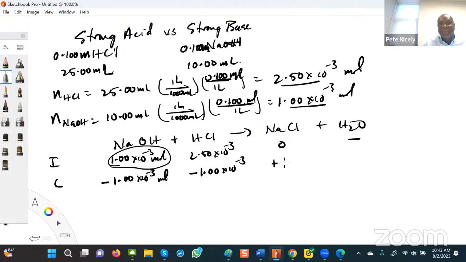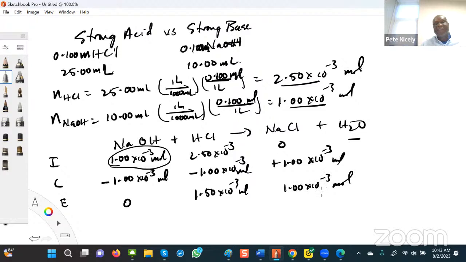And here you're going to have plus 1.00 times 10 to the minus 3 of sodium chloride produced. So these are all moles, all right? So at the end of the reaction, you're going to have no sodium hydroxide. You're going to have 2.50 minus 1.00. That gives 1.50 times 10 to the minus 3 moles. And here you're going to have 1.00 times 10 to the minus 3 moles.